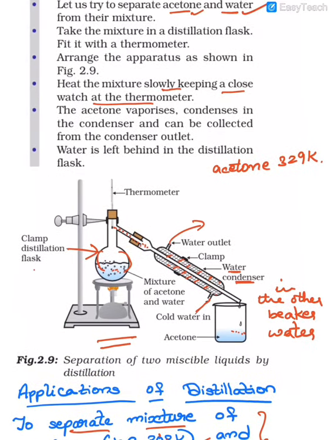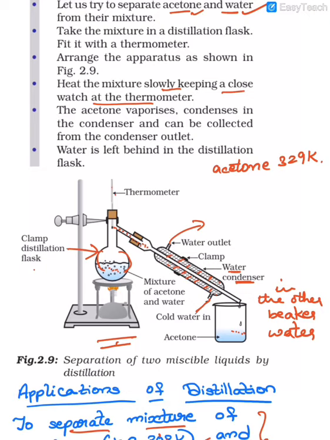Are you clear with the diagram? What do you have? A distillation flask, a thermometer, a water condenser, and two different liquids mixed. Now first what happens in this acetone and water mixture: acetone starts forming vapors, and the vapors travel upwards. The vapors of acetone pass through this water condenser, convert into liquid, and are collected in the beaker.